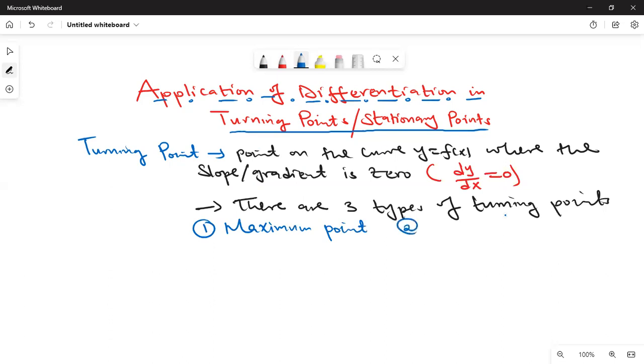Another one is a minimum point. And the third one is a point of inflection.